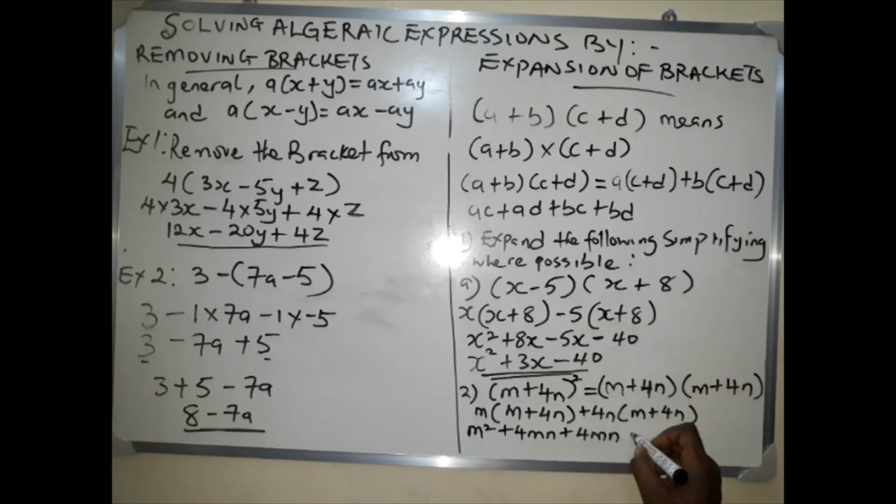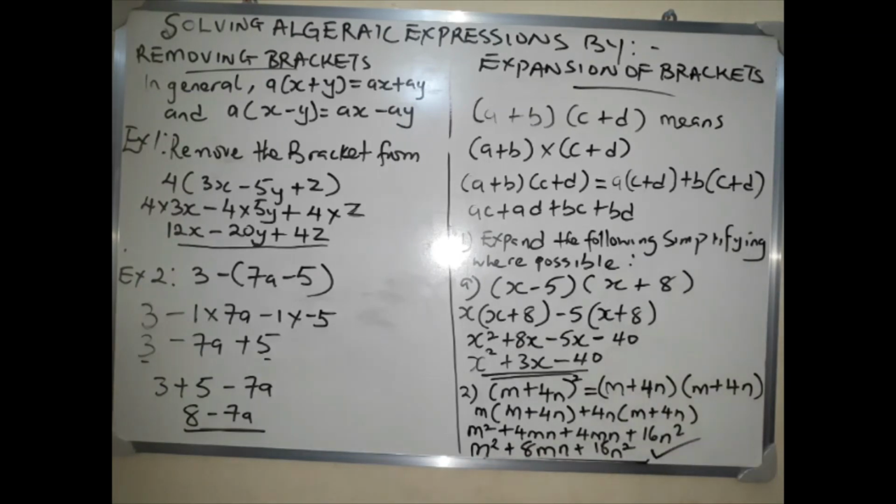This times this will give you plus 16n squared. When you look at it, you find that only this and this are like terms. So you add them together, which will give us m squared plus 8mn plus 16n squared. Hope you can see it. And that will now be our final answer.